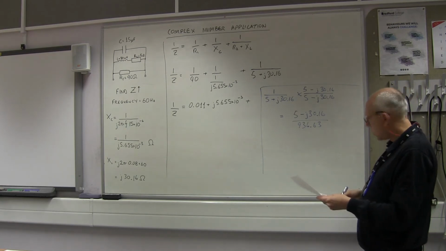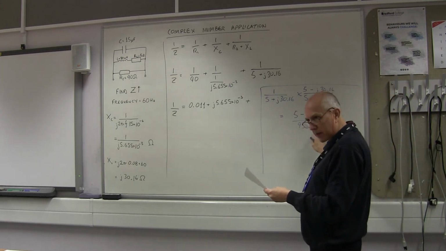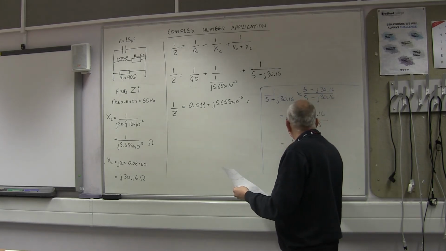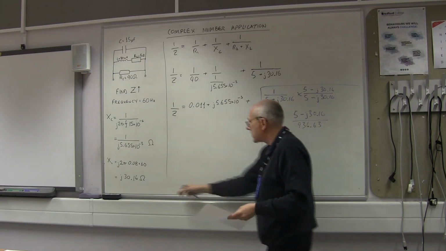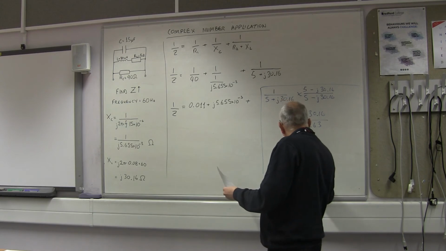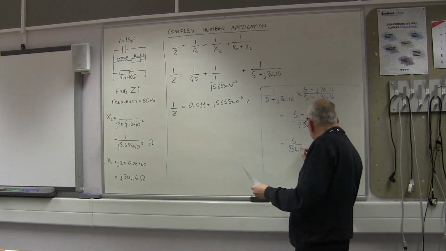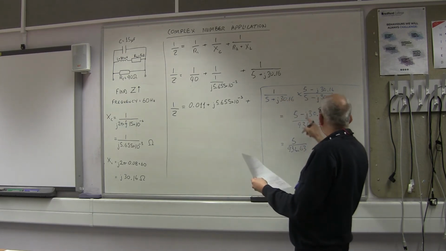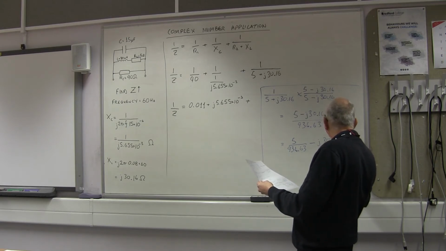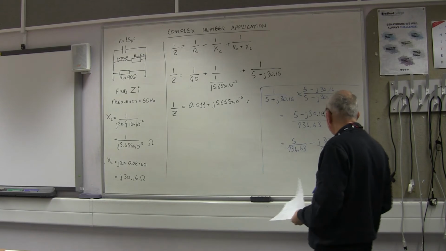Okay? So that's not a complex number, I need to split that up as a common denominator. So I will get 5 over 934.63 minus j 30.16 divided by the same number, 934.63.